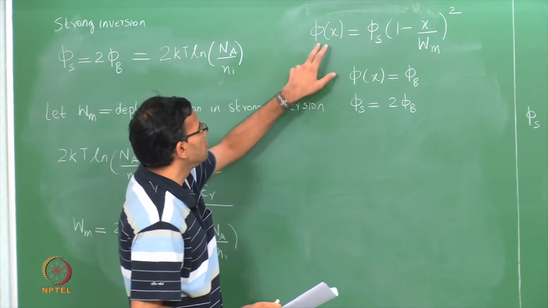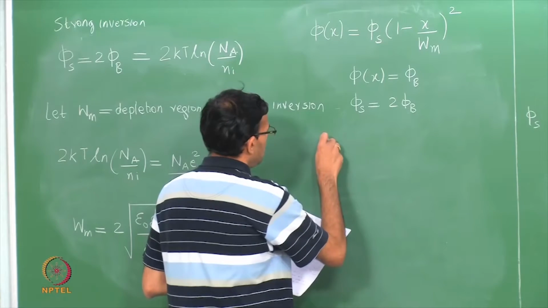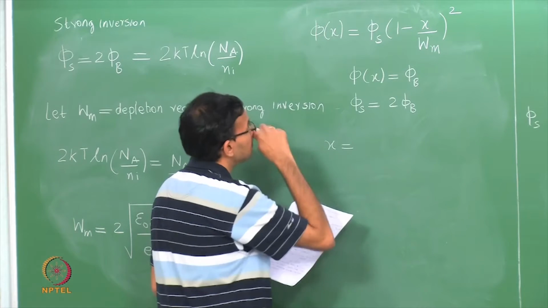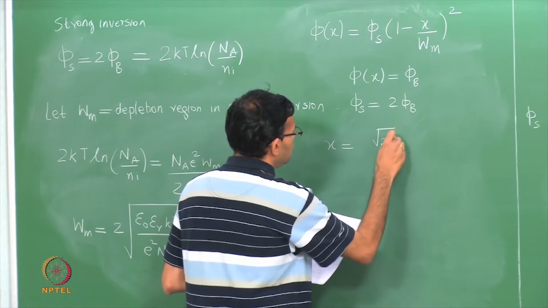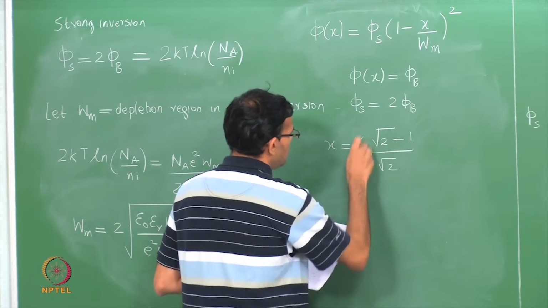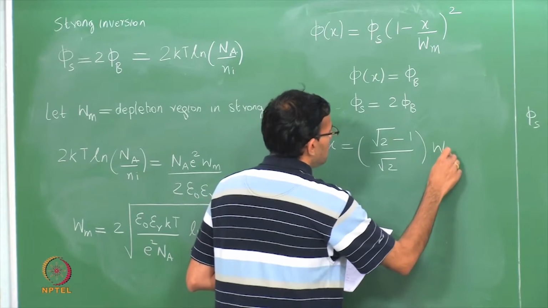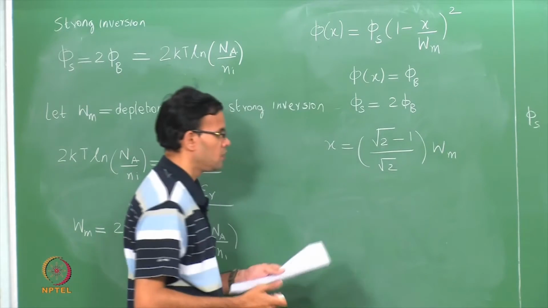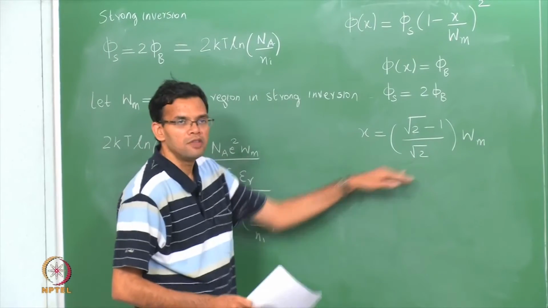So, we can put these values here and simplify to get x equal to (2 minus 1) divided by root 2, times Wm. So, we can calculate both the total width of the depletion region, which is given by this formula, and the width of the inversion region.